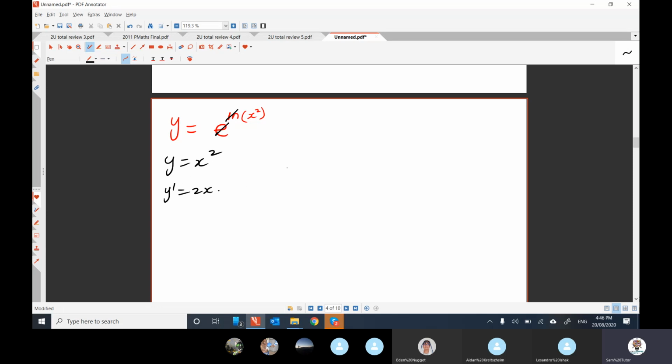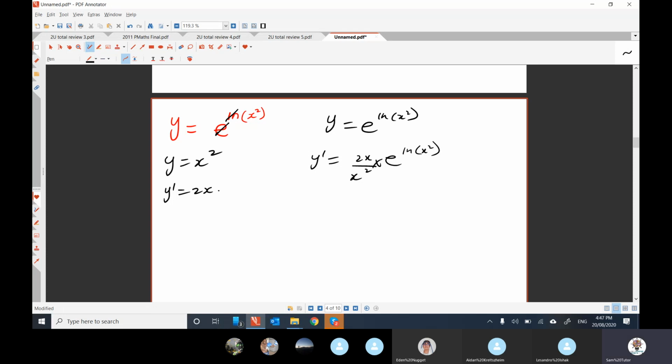Now, if you didn't realize that, you've got to do it the long way. So here we go. E to the log x squared, y dash equals, exponentials are exponentials, so e to the log x squared, times the derivative of the power. What's the derivative of log x squared? 2x on x squared. Do we agree with that?